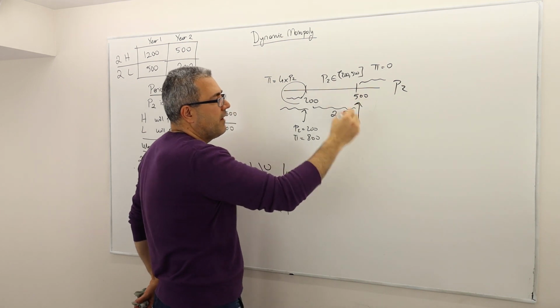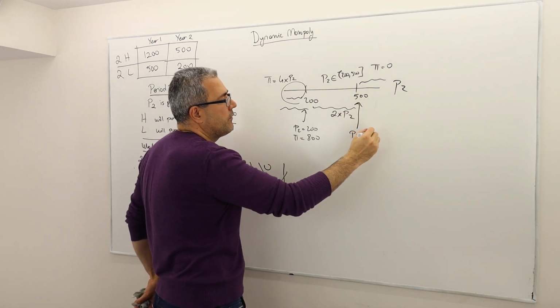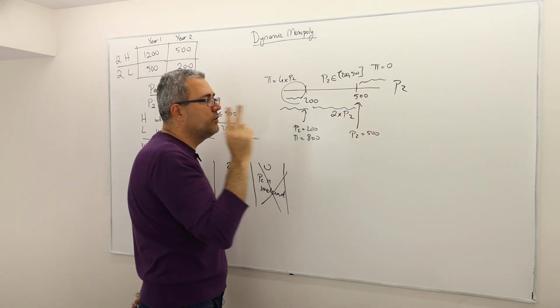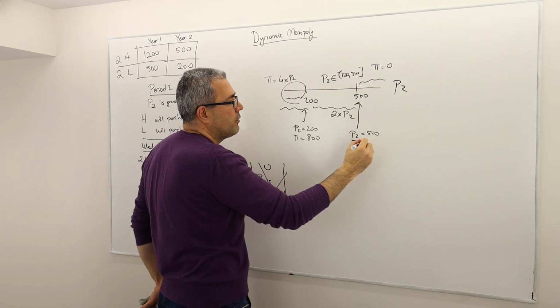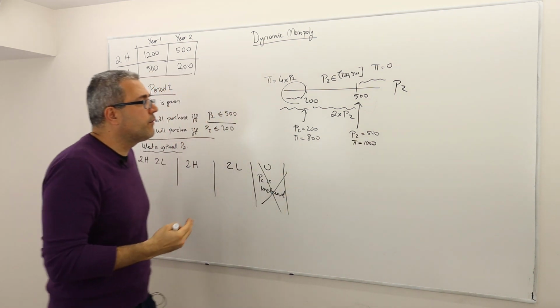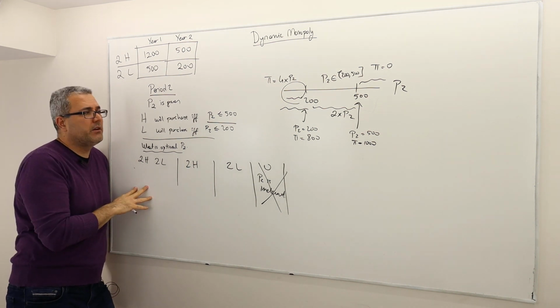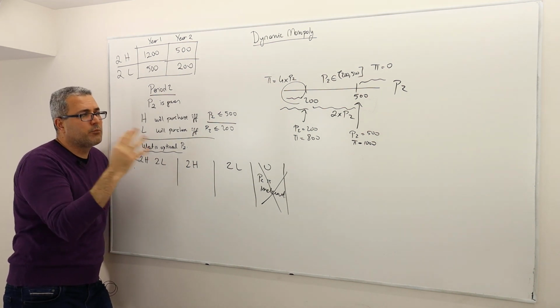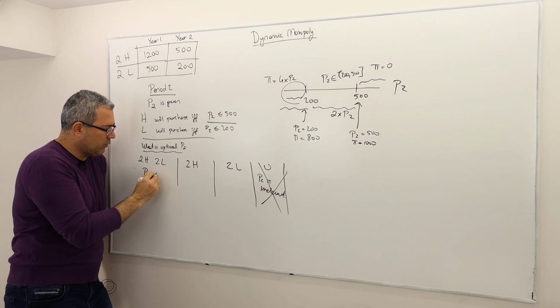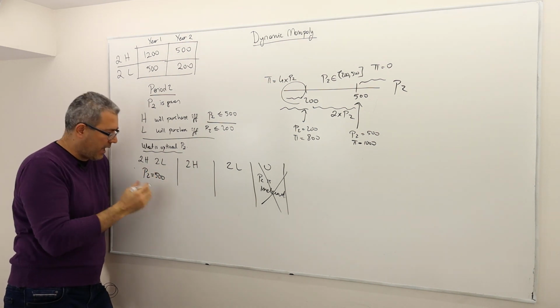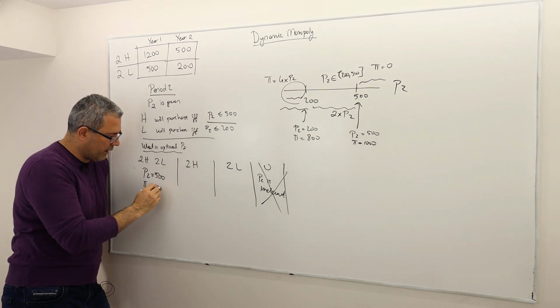But if you charge 500, you can sell only 2 smartphones and your profit is going to be 1,000. So in this case, when nobody purchased in the first period, the profit maximizing price is P2 equals 500 and profit is equal to 1,000.